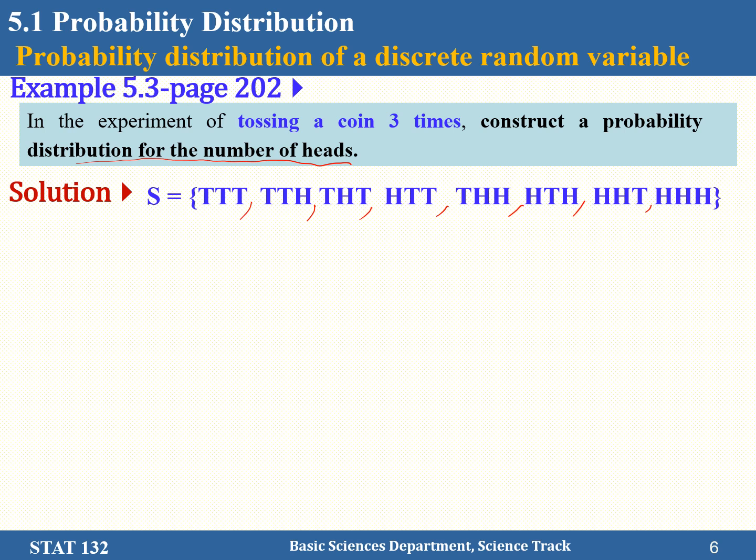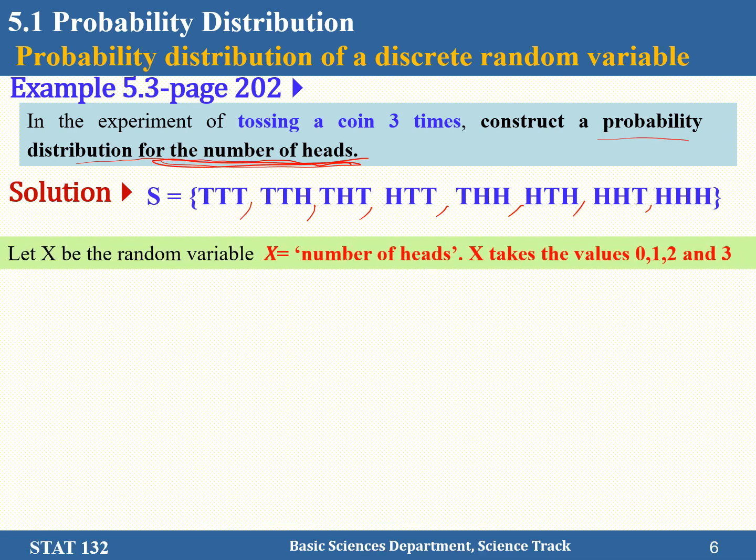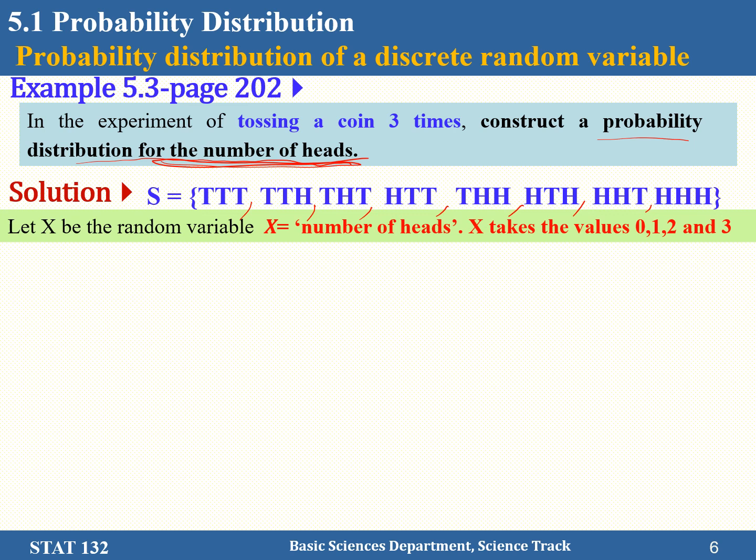Here we will construct a probability distribution for the number of heads, so our random variable X will be the number of heads. When you look at the sample space, you can see that X takes the values 0, 1, 2, or 3, because 0 means no head, which is possible if it's all tails, and 3 is possible for the outcome with 3 heads.